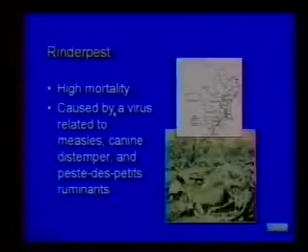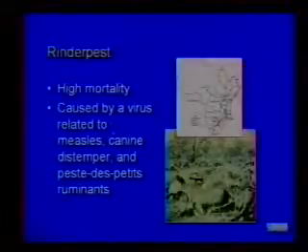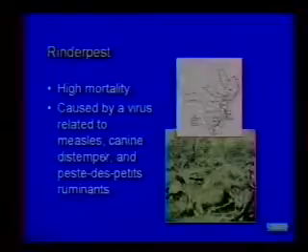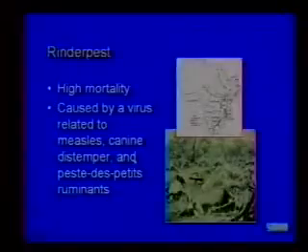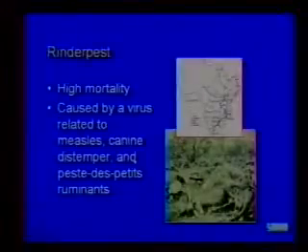It's caused by a virus that is closely related to measles, canine distemper, and peste des petits ruminants. And these are the morbilliviruses. And there is also a whole slew of different morbilliviruses affecting whales, porpoises, dolphins, etc. in the marine milieu.